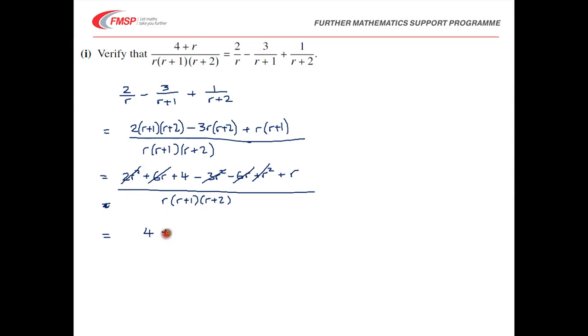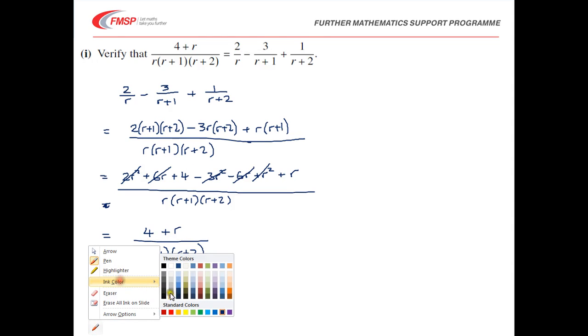I'm left, as I hoped, with 4 over r, r plus 1, r plus 2. It is important that you put that denominator in on each line. It is a verify question, so they're looking at working, and if you miss that out, they might not give you all of the marks.